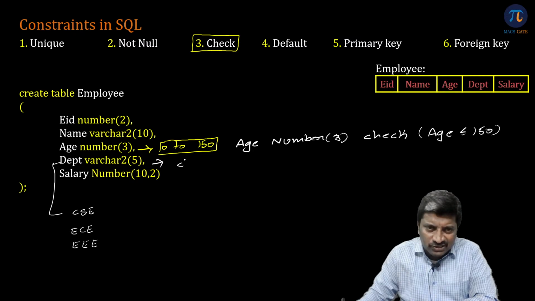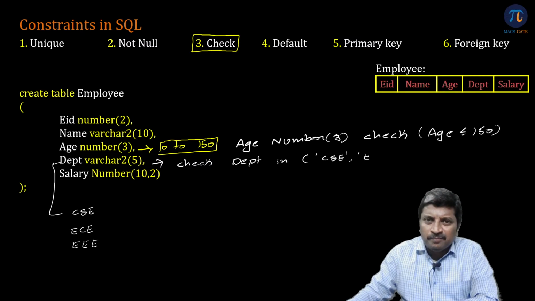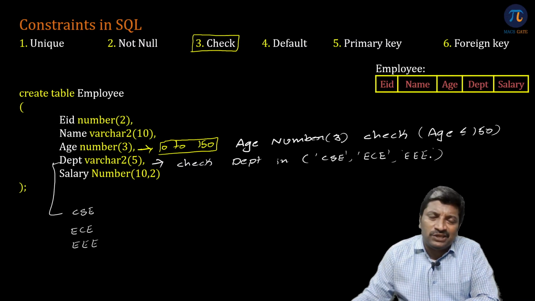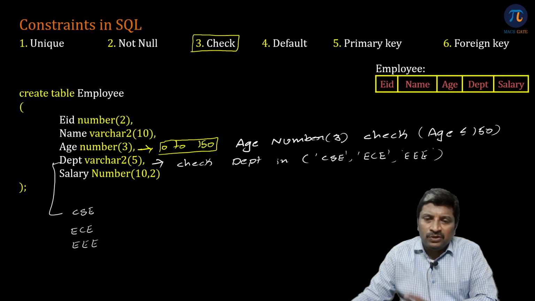Then in such a case, what we do is check department in CSE, ECE, triple E. So if the employee enters any other department except these 3, it will not be allowed. Hope you understood it.